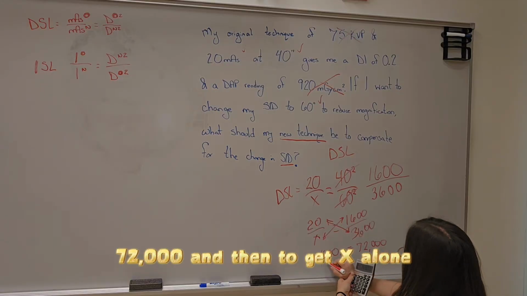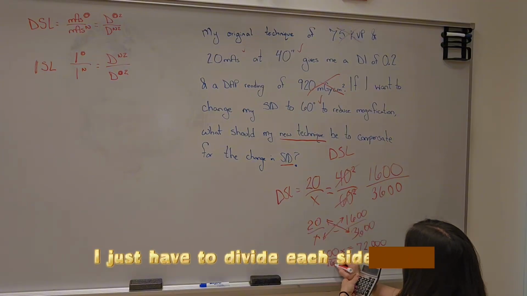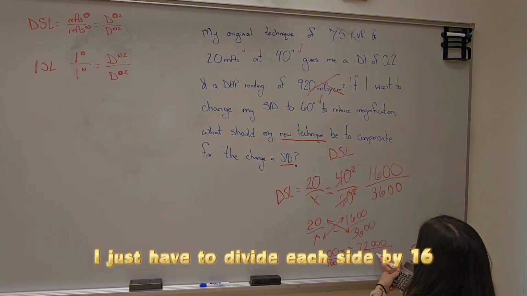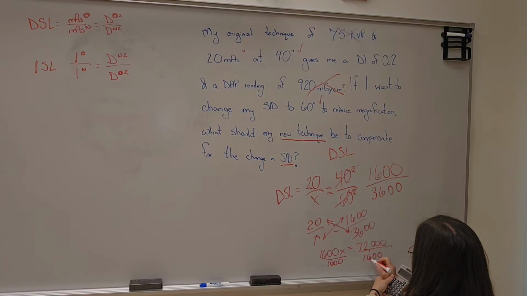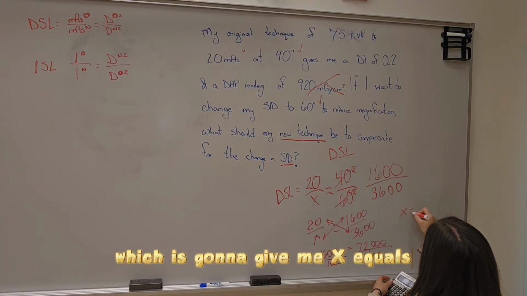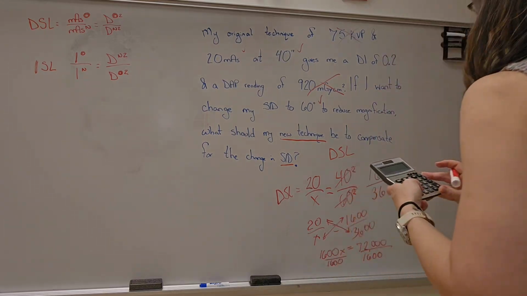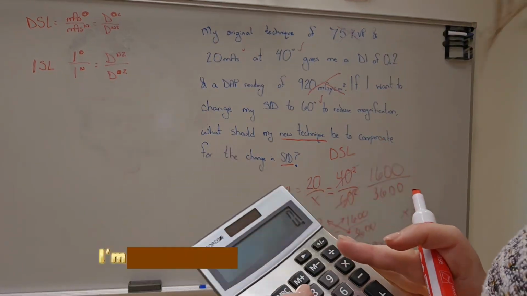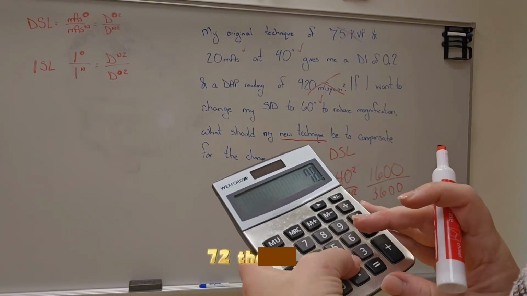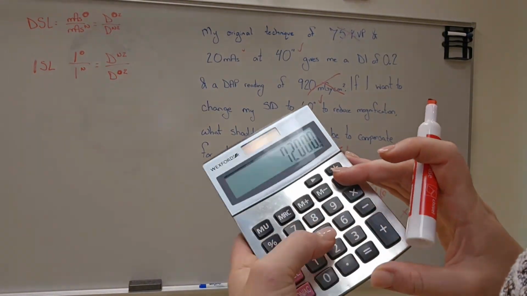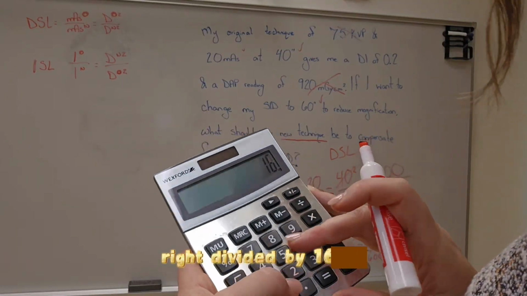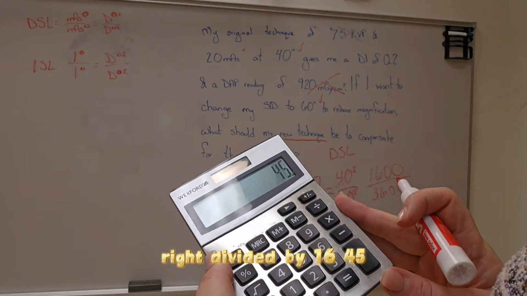And then to get x alone, I just have to divide each side by 1,600, which is going to give me x equals 72,000 divided by 1,600, 45.